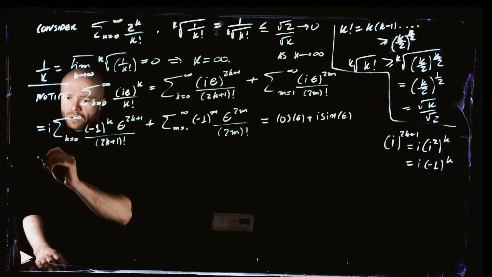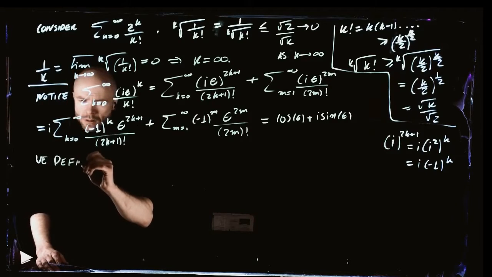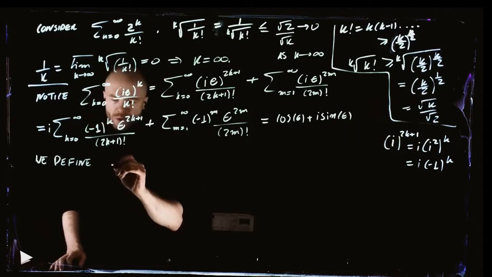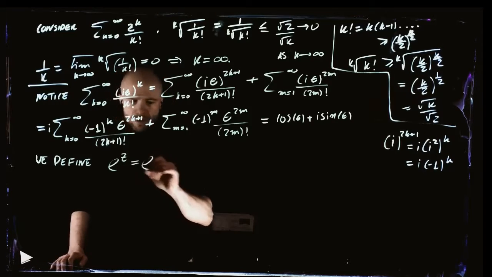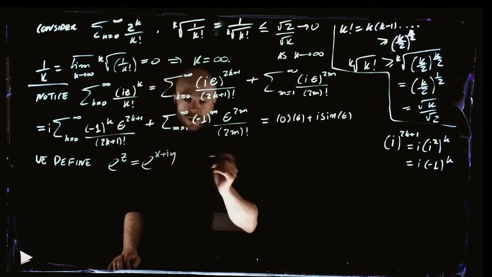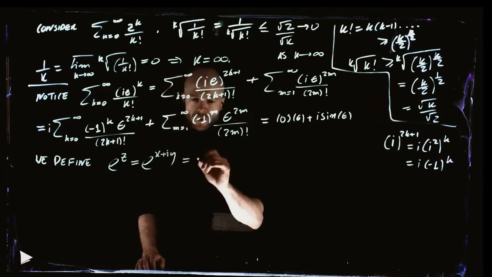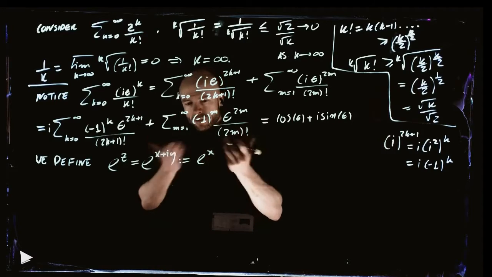So we can define the exponential function e^z, which is e^(x+iy), in the following way, to be just e^x. So this is the definition. e^x, we know what it is.